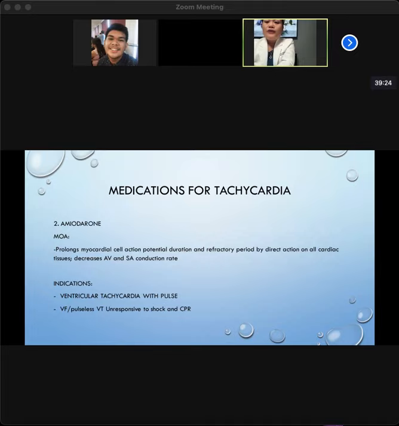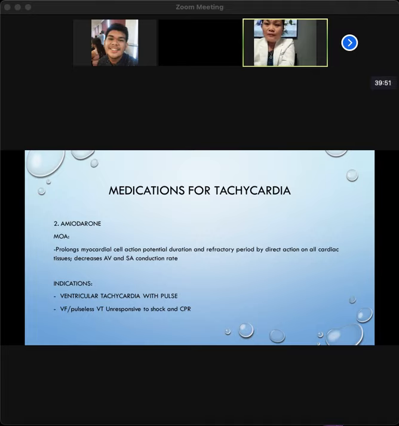You can use amiodarone for ventricular fibrillation or pulseless ventricular tachycardia if your shock is not enough or the patient is unresponsive, then if the CPR is not enough also.